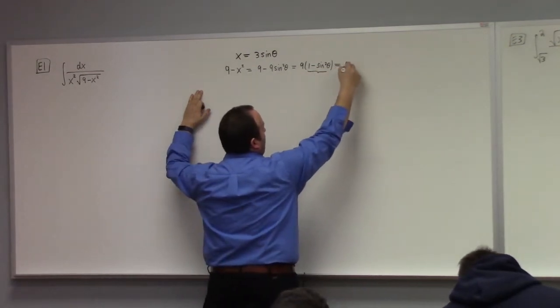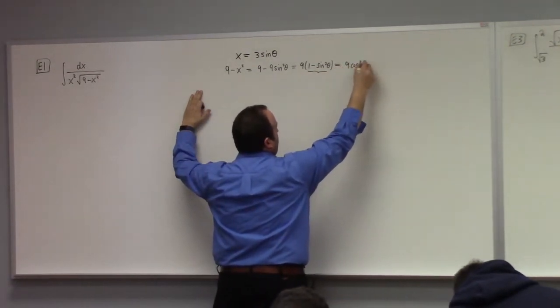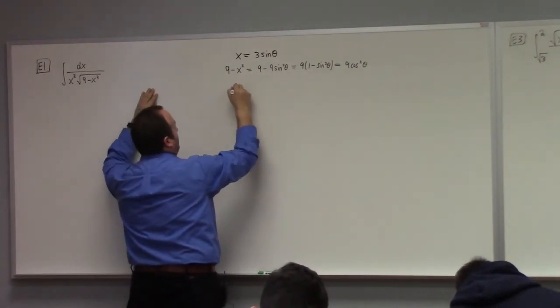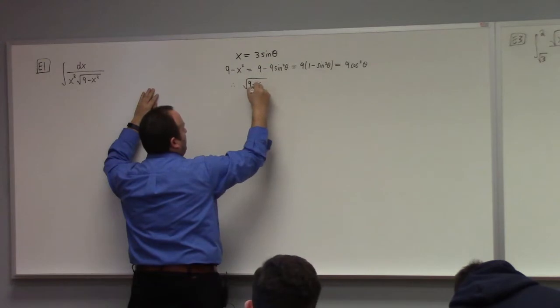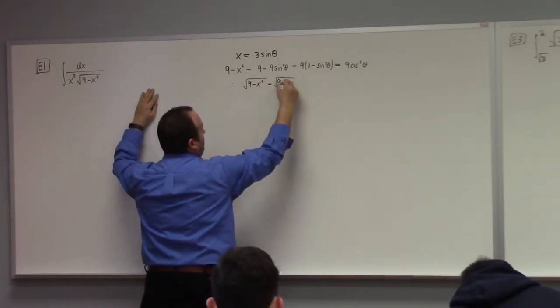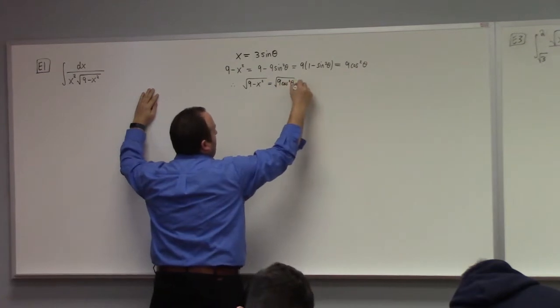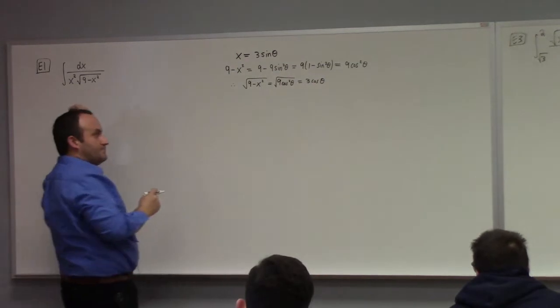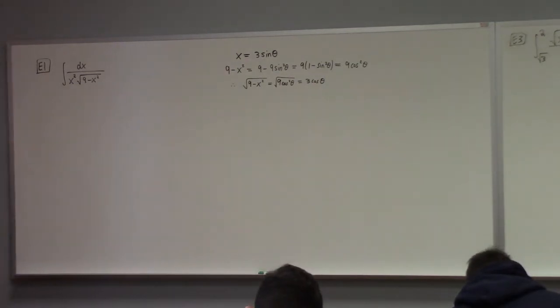Cosine squared, yeah. So we've got 9 cosine squared theta. Therefore, the square root of 9 minus x squared is equal to the square root of 9 cosine squared theta, which is equal to 3 cosine theta. So that is a nice simplification.